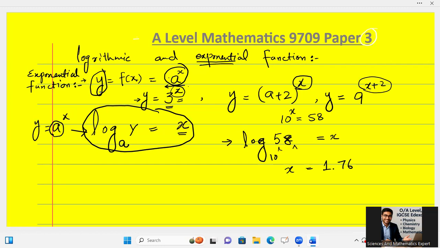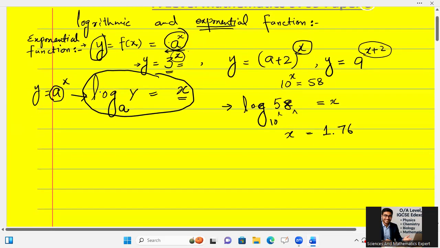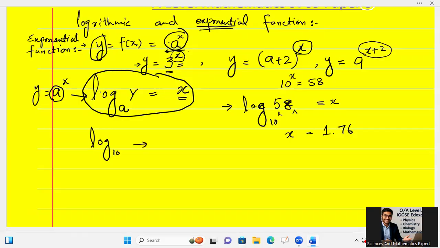Here I am talking about two types of logs. If log has the base 10, then it is called the common logarithm. And if log has the base e, then it is called the natural logarithm.